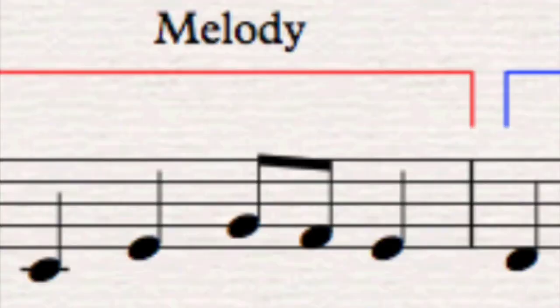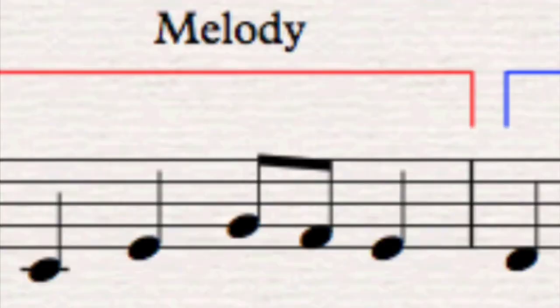Melody is the succession or arrangement of tones, of high and low pitches, for a specific purpose. So maybe the early humans were sitting around the fire and one day someone went la la la la la la la la, and everybody went la la la la la la la la la. So they started creating melody. Again, melody is the arrangement or the succession of the tones of high and low pitches.